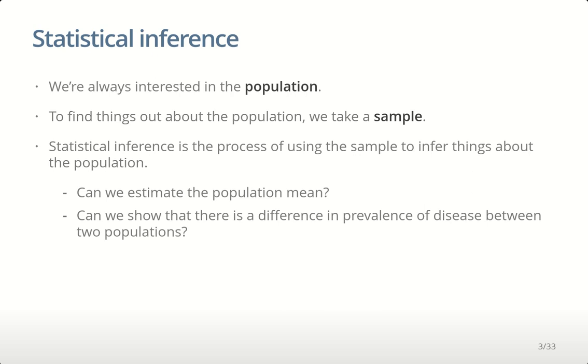So questions that we might be able to ask is, can we estimate what the population mean is, or can we show that there's a difference in prevalence of disease between two populations, or perhaps between a treatment group and a control group or something like that.